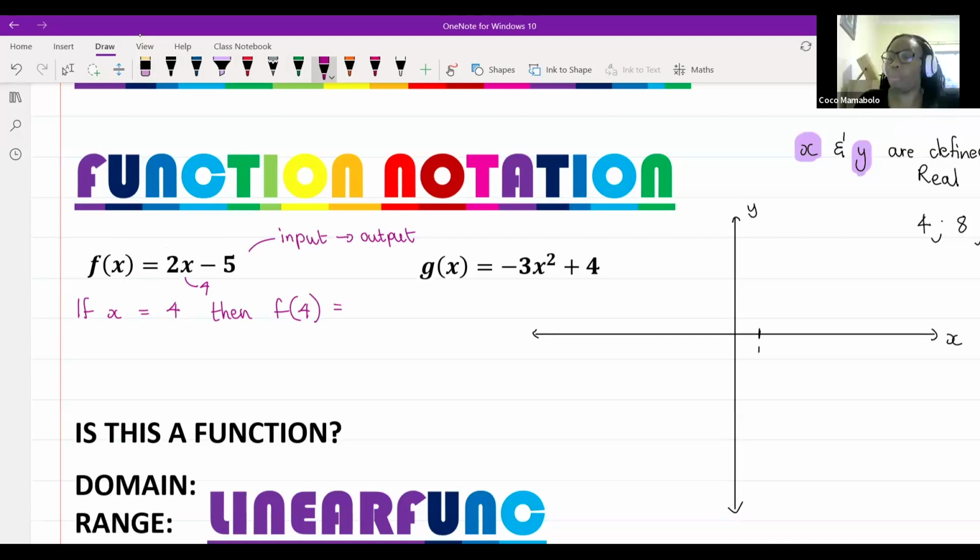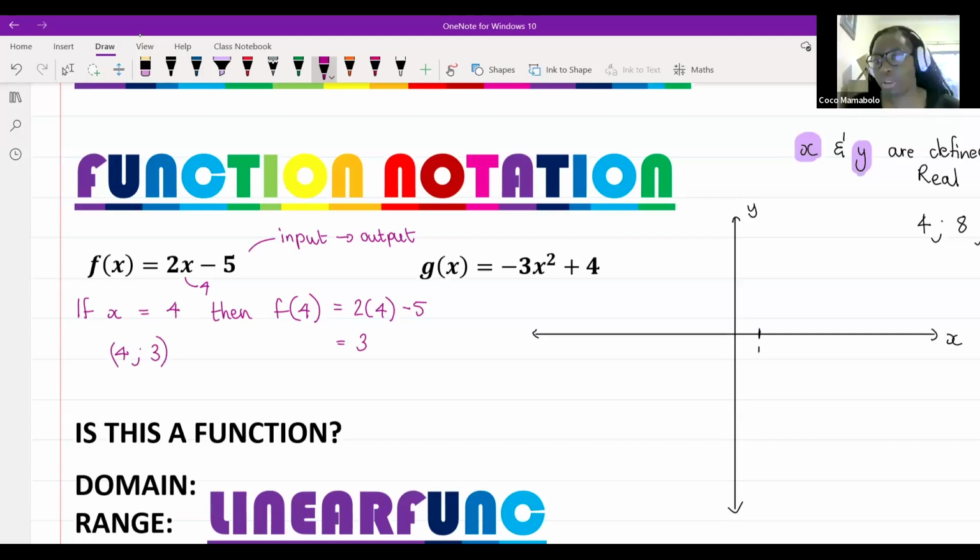If I replace all my x values with 4, I have the function f at the point 4 is equal to 2 times 4 minus 5. That's going to give us 8 minus 5, which is 3. So that means at the x value 4, I should get a y value of 3. And that's how we define a function.